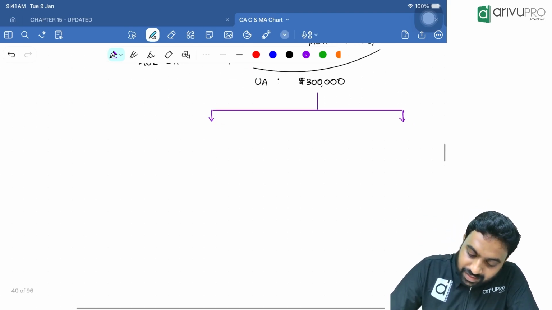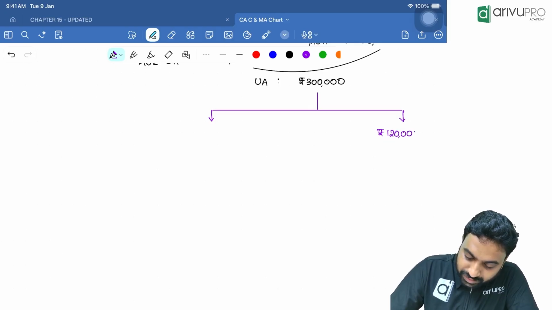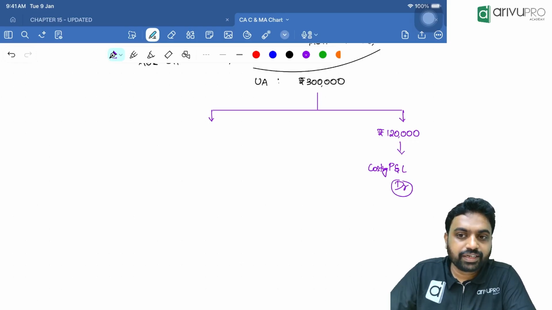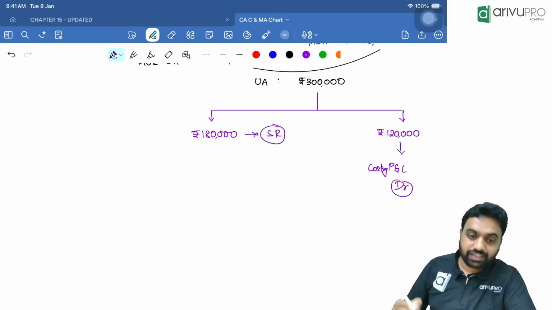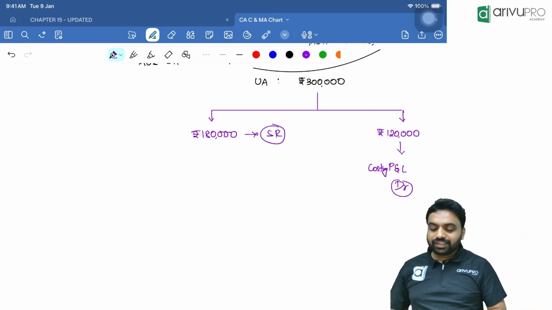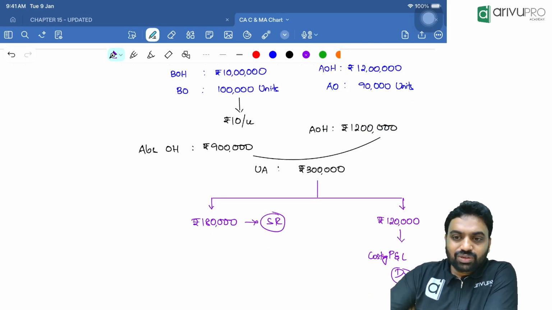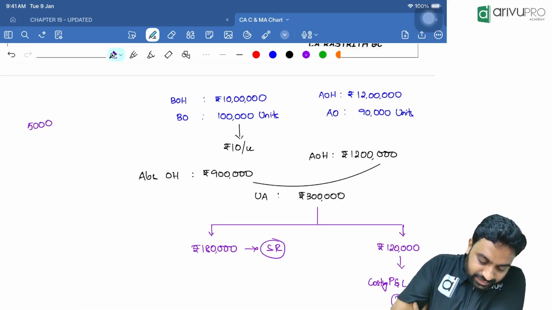That means 40% of this, which is 1,20,000, which is abnormal, I will charge it to costing P&L. Also, it's under absorption loss. That means I should debit my costing P&L. Got it? For this 180,000, I should calculate the supplementary rate. How to calculate the supplementary rate? Guys, listen. How many units did I say for actual output? 90,000, no? Let's assume there are 5,000 units in the WIP.